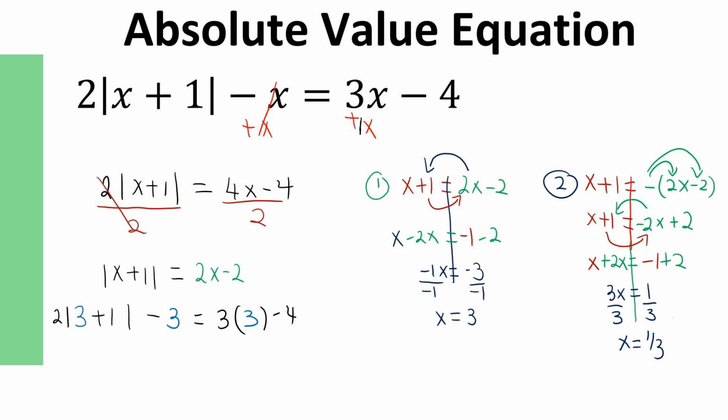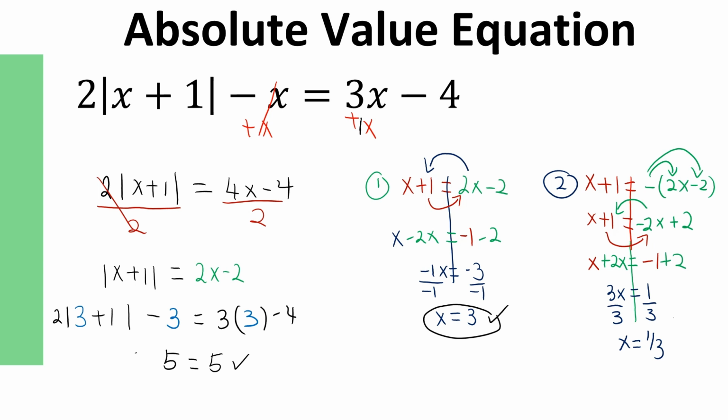So we know that 3 plus 1 is 4, and the absolute value of 4 is 4. And 4 times 2 is 8. 8 minus 3 is 5. So this side is 5. And then the right side, 3 times 3 is 9, minus 4 is also 5. So 5 does equal 5. So therefore x equals 3 will be one of our solutions.